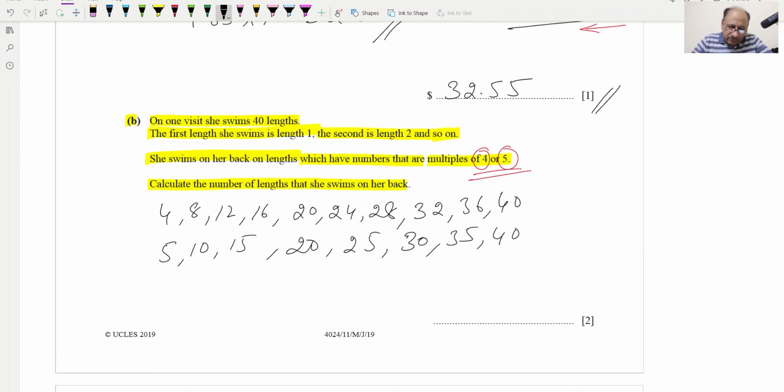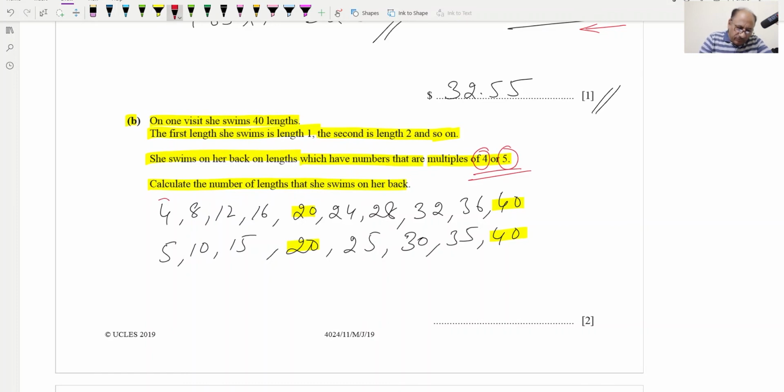Now these are basically the multiples, and she is swimming on her back on these, but whatever multiples are common in both, we can see. So these will be counted once and the rest of all we can count.